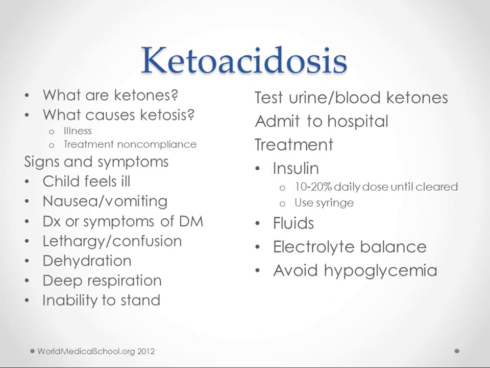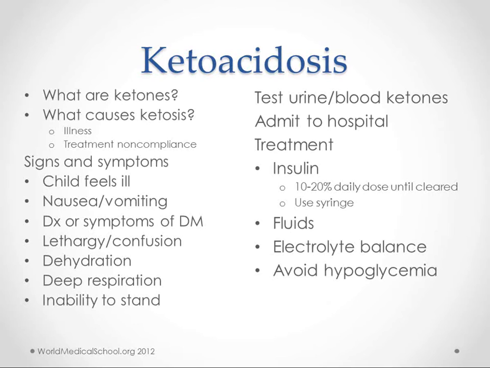All ketoacidotic kids are dehydrated, so you get all the signs of dehydration. Deep respiration, called Kussmaul breathing, is a later stage of ketoacidosis, and at some point you get an inability to stand. So all these things are reasons to get to the hospital.